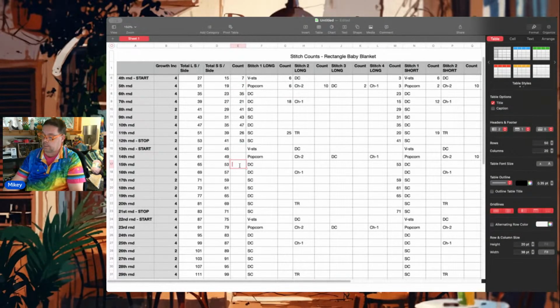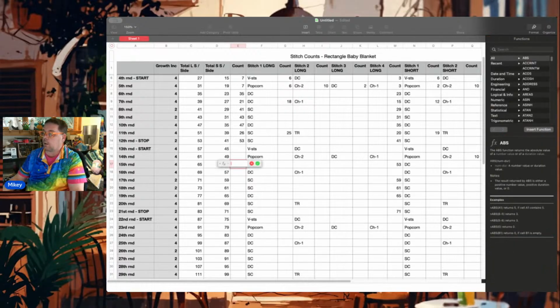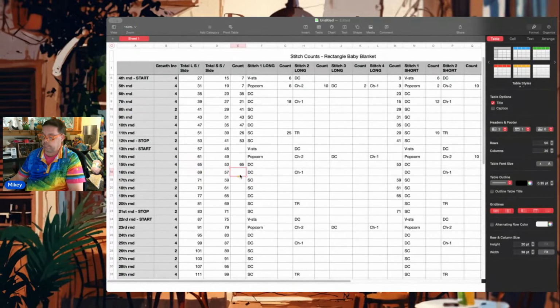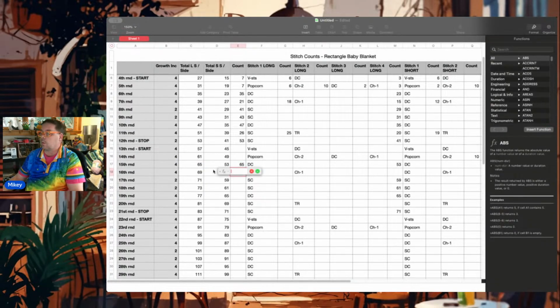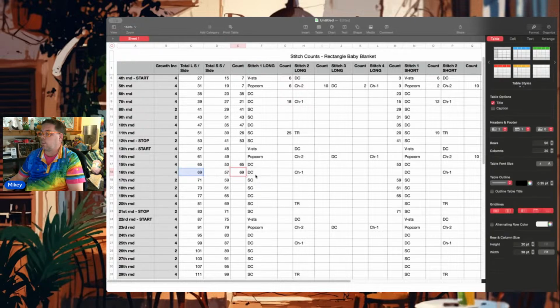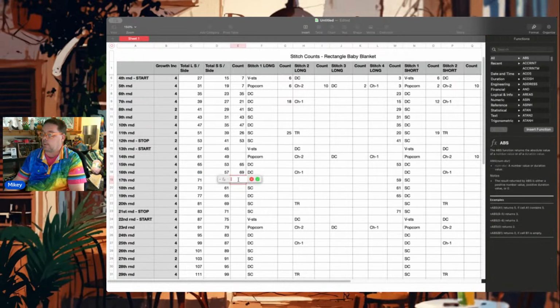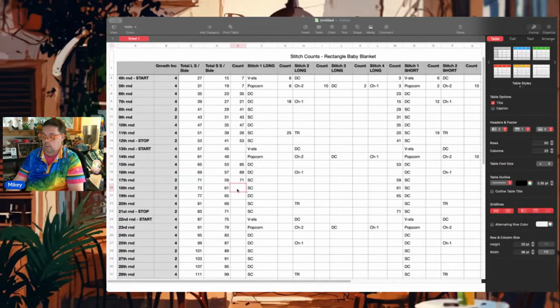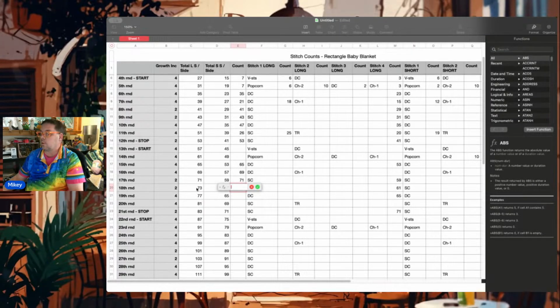So we're going to equals, so we have to create a calculation there. Equals. So we're trying to figure out what the multiples are, like what the stitch counts are, through calculation.